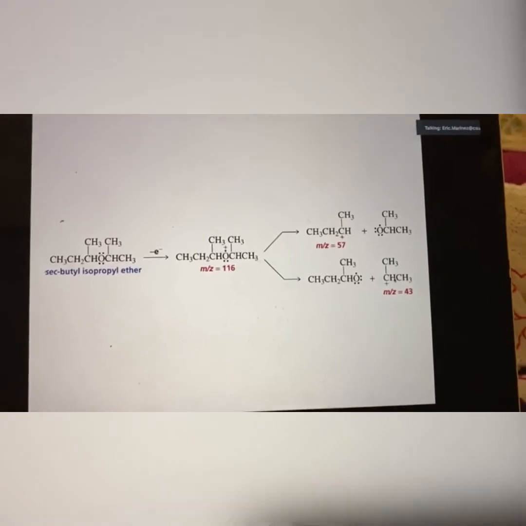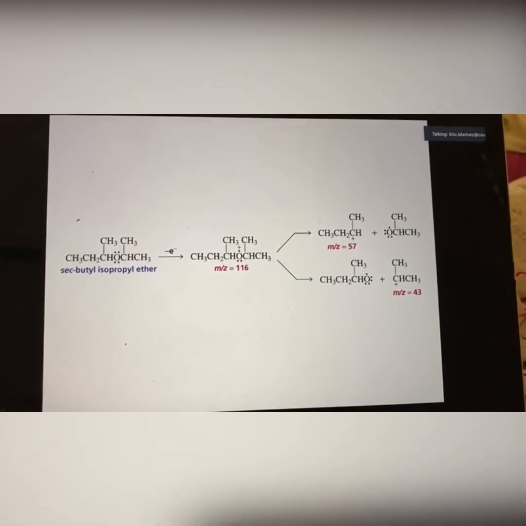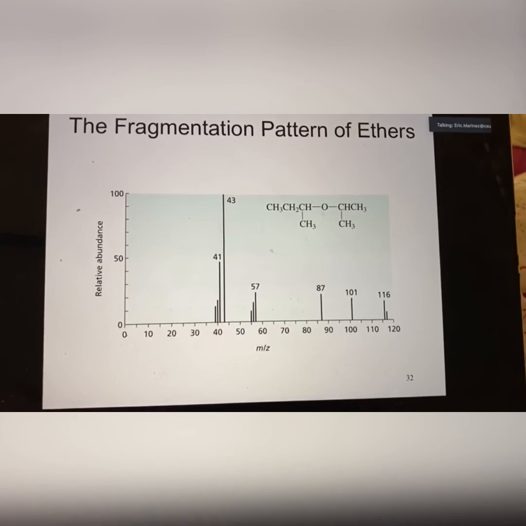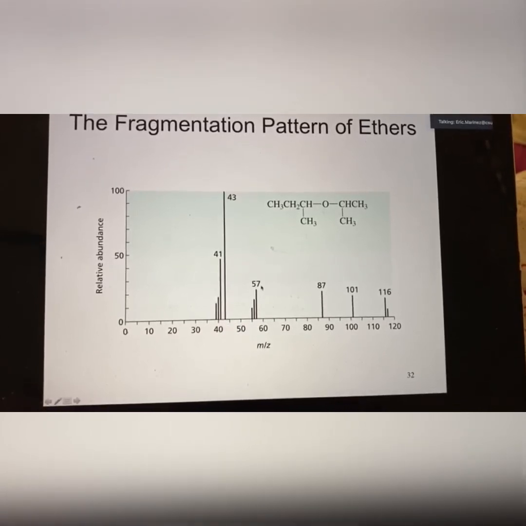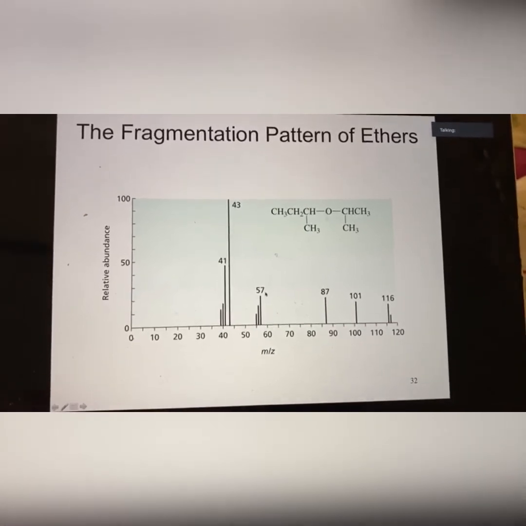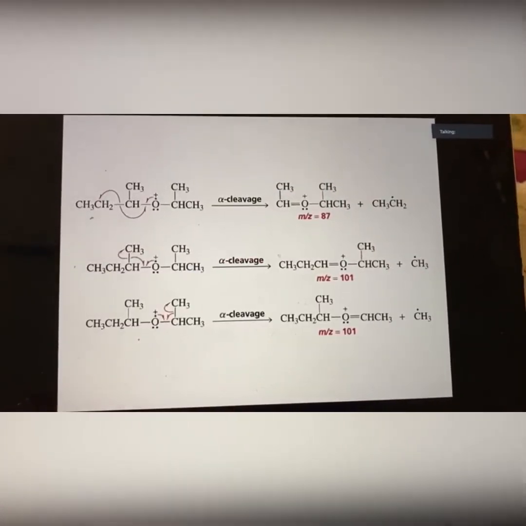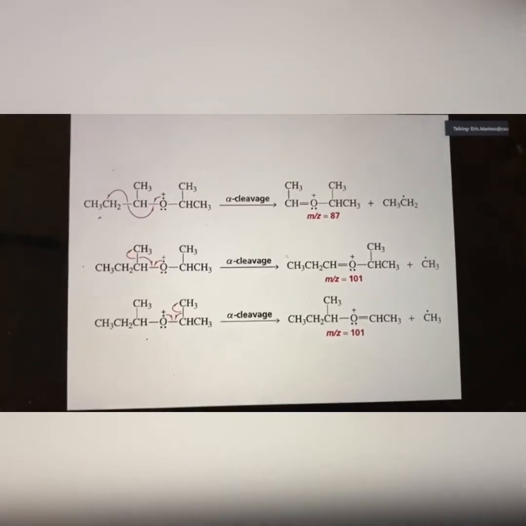Notice 57 and 43 result from breaking the carbon-oxygen bond heterolytically. So 57 and 43 are these two peaks here. I haven't even done anything with alpha cleavage yet. So now let's use alpha cleavage. Here are the alpha cleavage mechanisms.